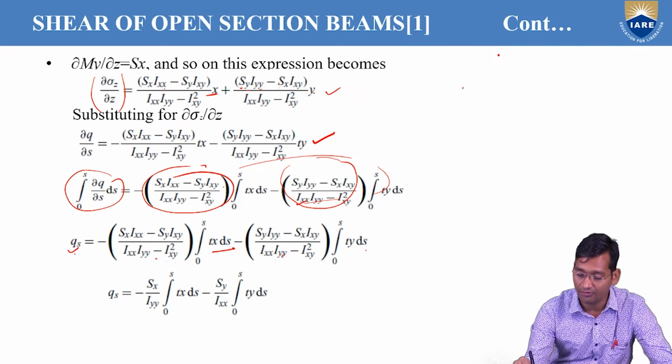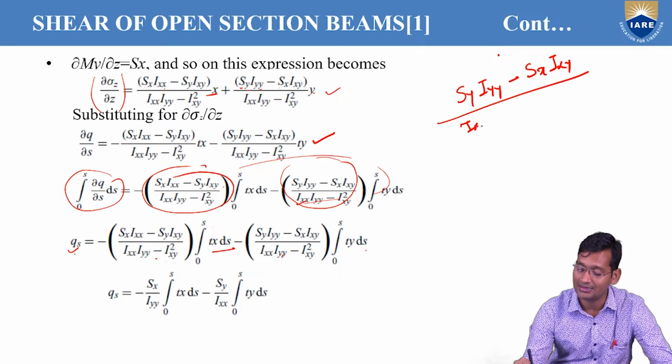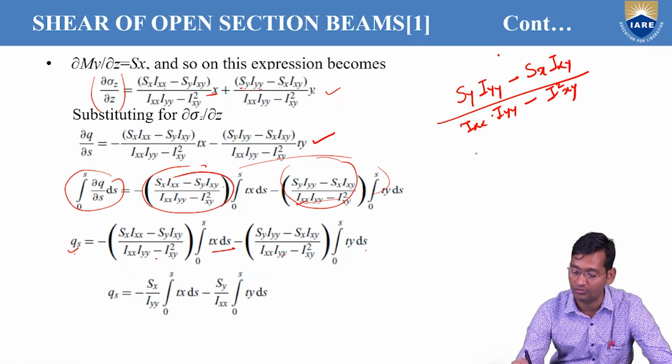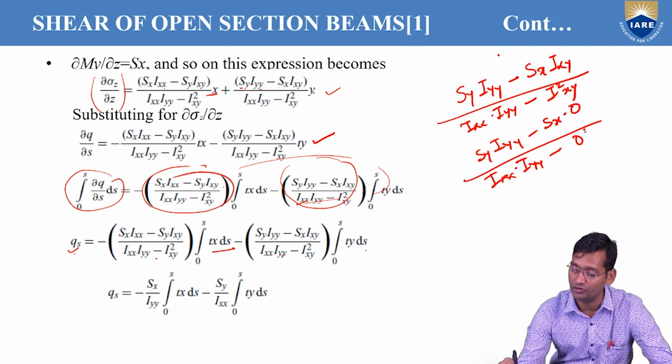Okay, so now what we have: sy iyy minus sx ixy by ixx into iyy minus I square xy, right? So again we put ixy as 0. So this will be sy iyy minus sx into 0 by ixx into iyy minus 0 square, or just 0.